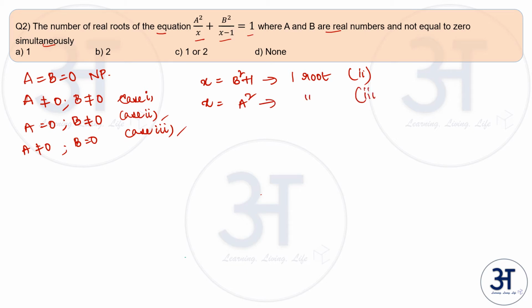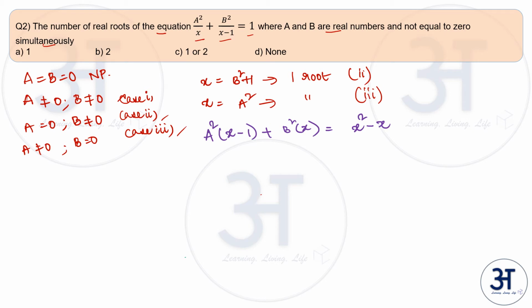This is case 3. Let us now look at case 1. Case 1 is where both a and b are not equal to 0. In that case, let us take the LCM and expand and find what expression we are getting. a square into x minus 1 plus b square into x, by x into x minus 1. Let me take it to the other side. You have x square minus x.